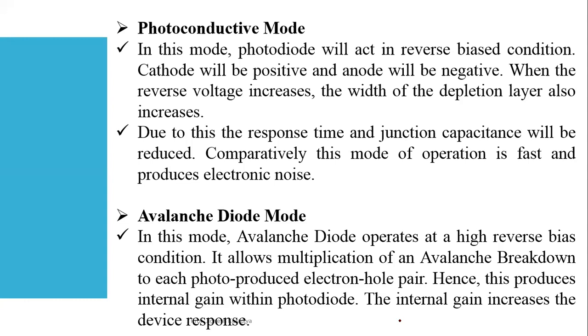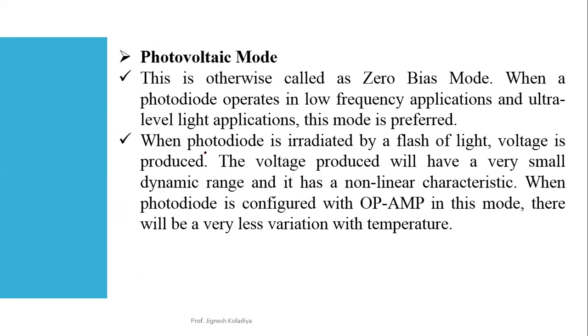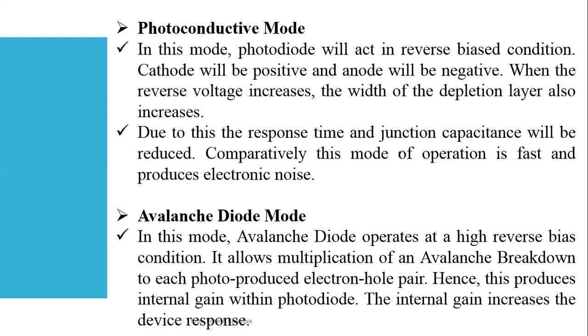Hence, this produces internal gain within the photodiode. The internal gain increases the device response. So this is applicable for low light applications and these two are applicable for some high light applications.